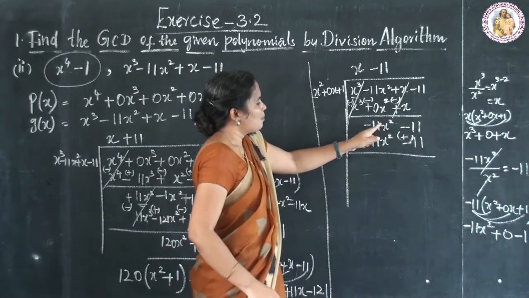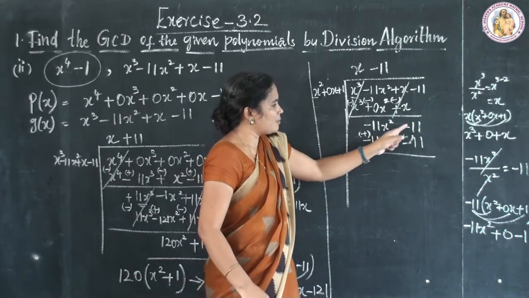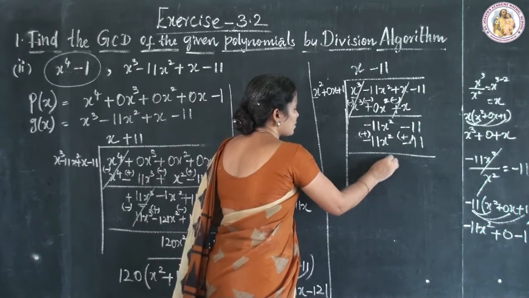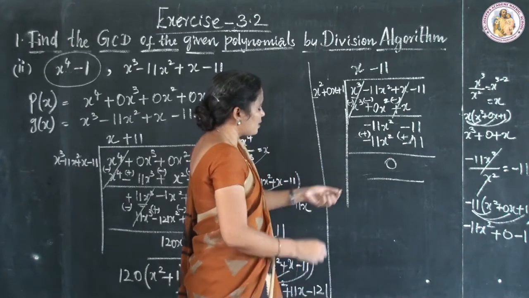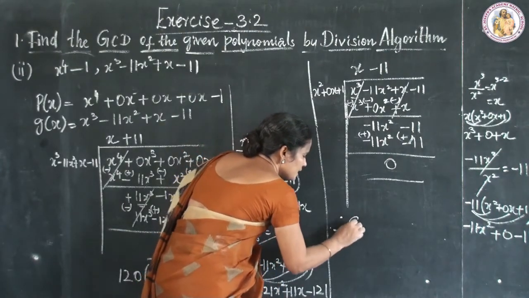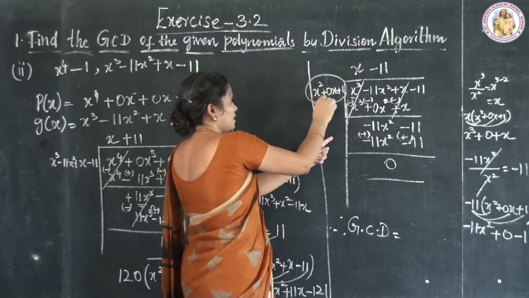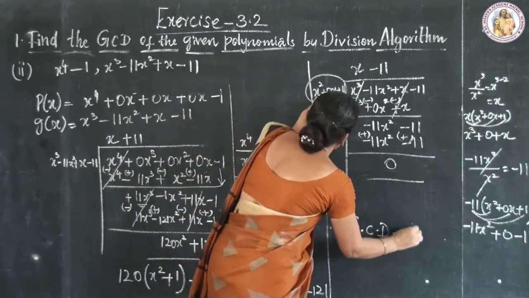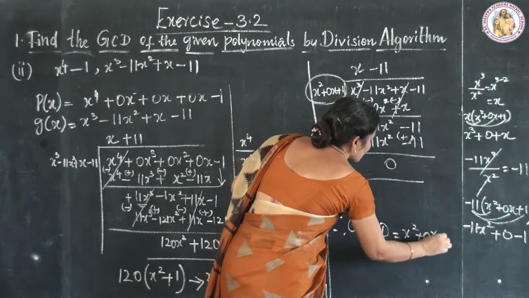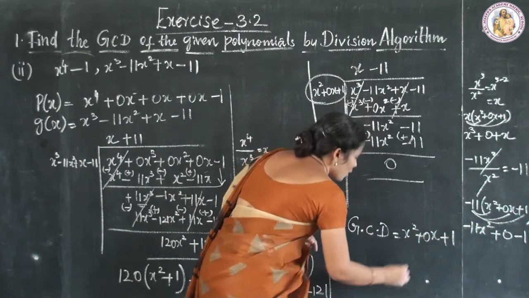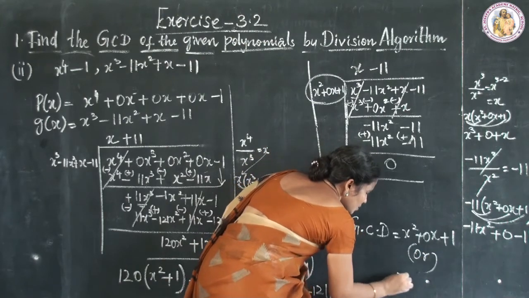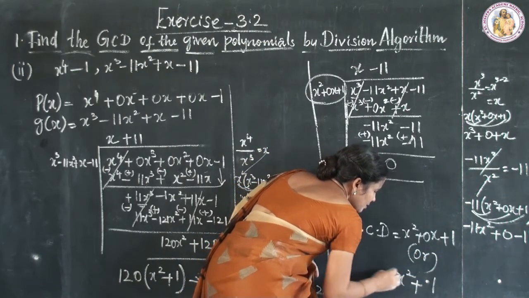You can see minus 11 plus 11 cancel, minus 11 plus 11 cancel. So it is 0. We have come to end. Therefore, GCD is equal to x square plus 0x plus 1 or x square plus 1.